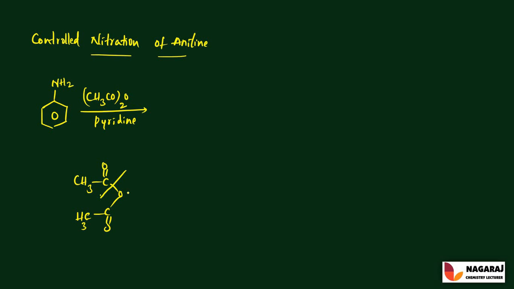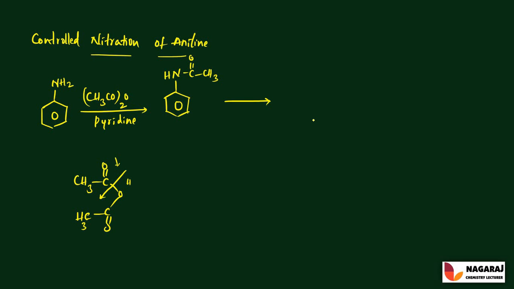So there is a cleavage of bond between the CO and oxygen. So this COCH3 is attached to the nitrogen by replacing a hydrogen attached to this group, and the remaining part is attached to the carbonyl group. So it is NH and it is C double bond O and it is CH3.